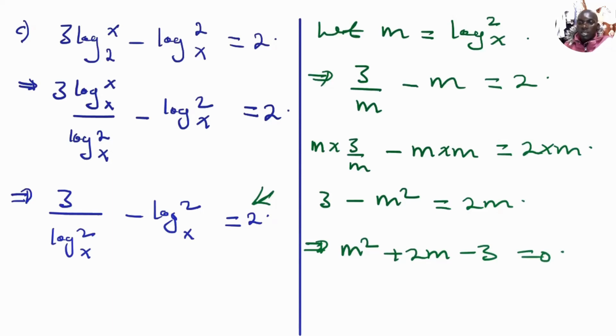So this is a quadratic equation, and we are going to solve it by factorization because it is factorizable. From our equation, m squared plus 2m minus 3 equals 0, let us look for two numbers that when we sum them we get 2, and when we multiply them we get negative 3.